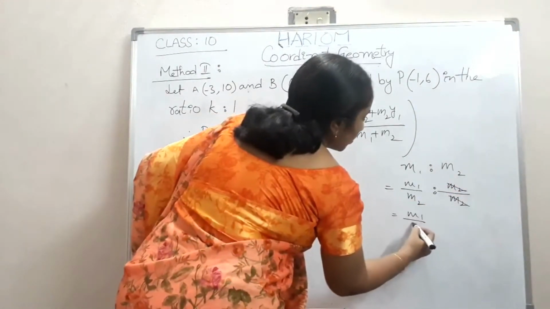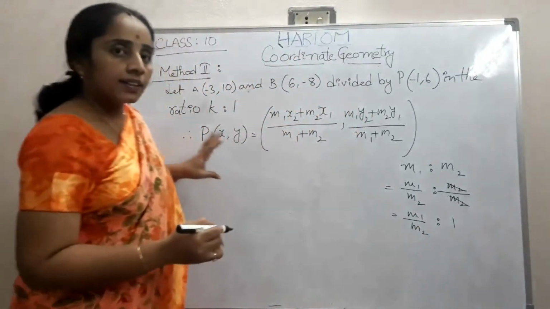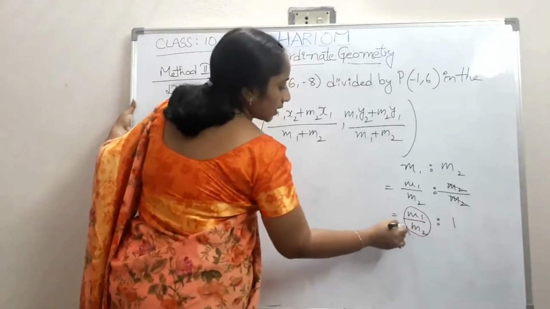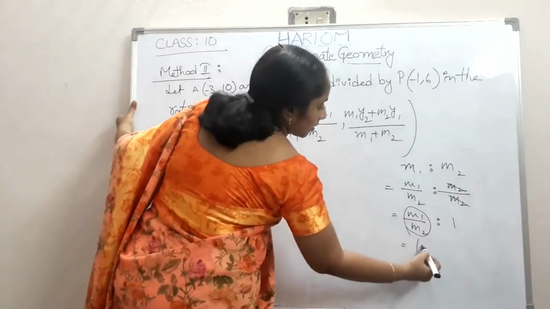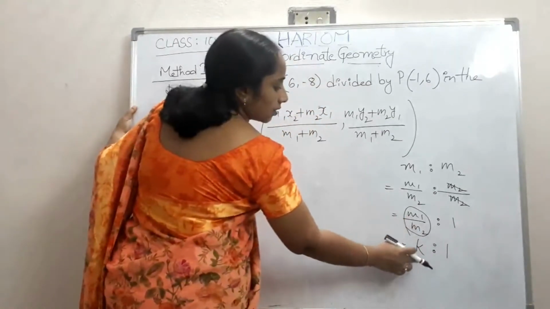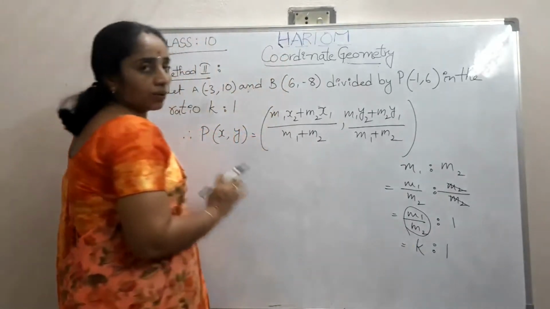So m1 by m2 is to 1. This total ratio m1 by m2 I have taken as a constant, that is k. In this way we can get this k is to 1.